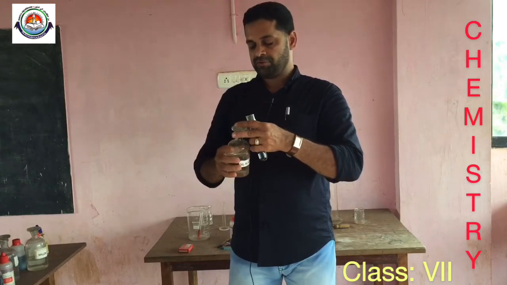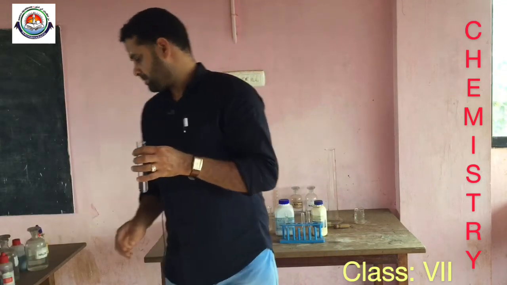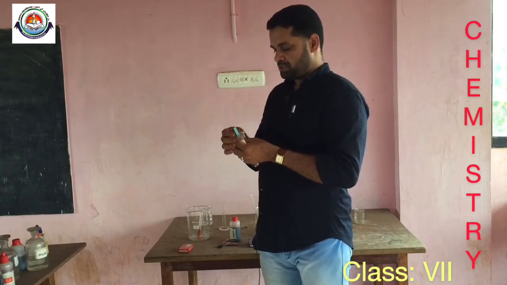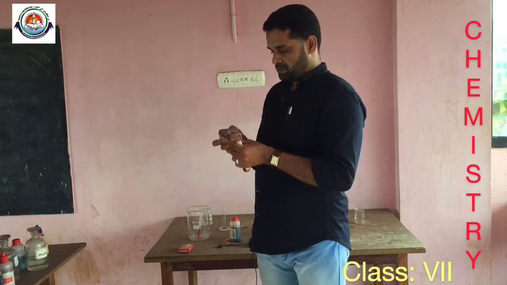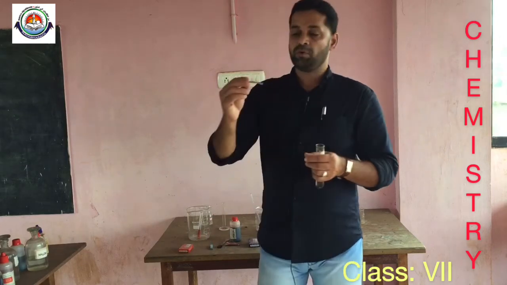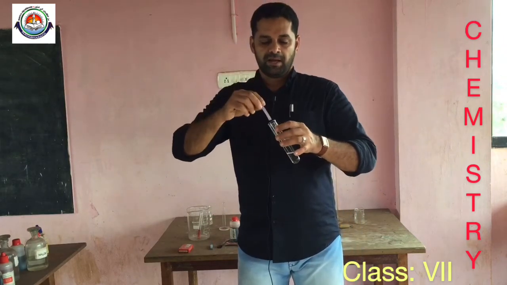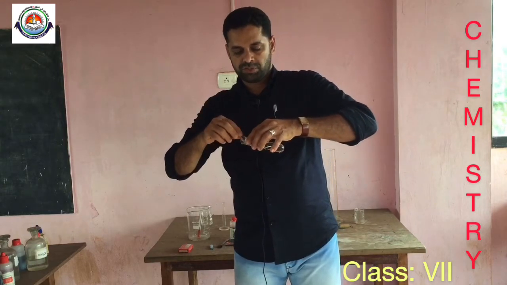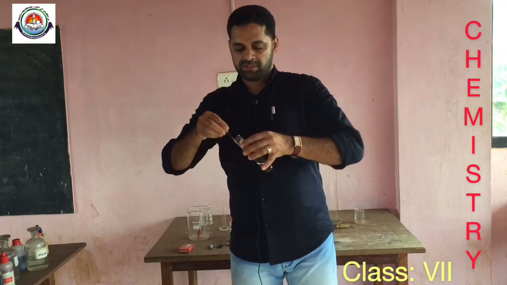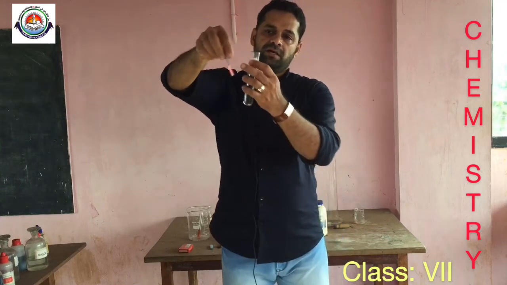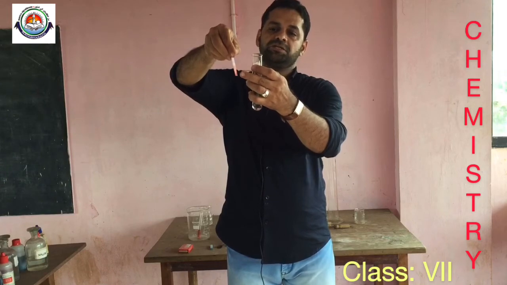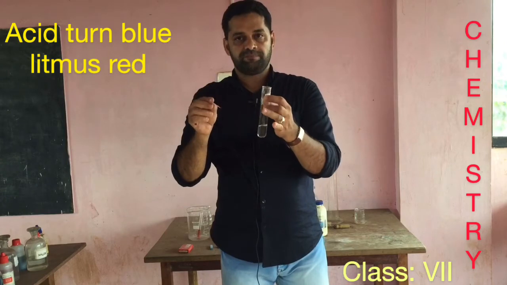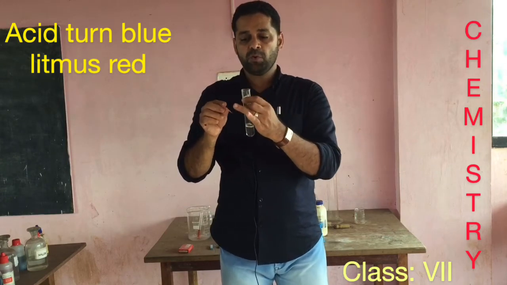I am taking blue litmus paper. You can see this is blue in color, and now I am dipping this blue litmus into dilute sulfuric acid. You can see the color change. Here it is blue color, but it changes to red. So acids turn blue litmus to red.